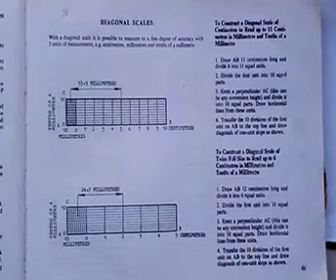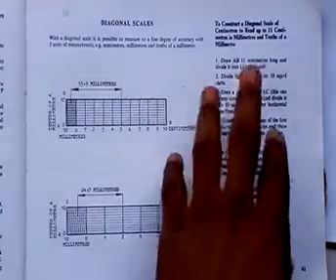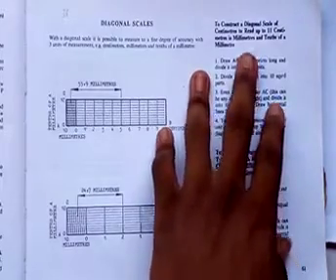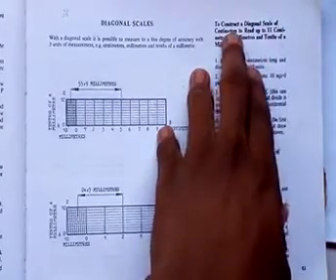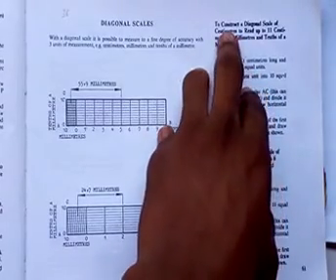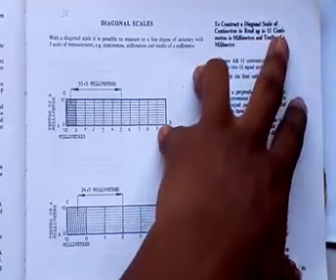So first of all, to construct a diagonal scale of centimeters to read up to 11 centimeters in meters and tenths of a meter. So let me explain this. The questions on diagonal scale often ask you to construct a diagonal scale of centimeters. So what that means is you are going to measure in centimeters, but now you are going to read up to 11 centimeters.